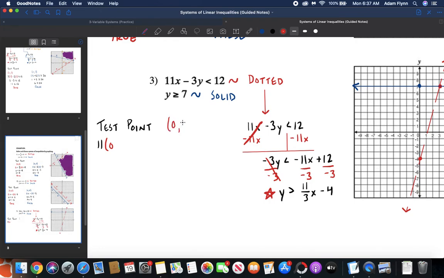So I am plugging in 0, 0. 11 times 0 minus 3 times 0 is less than 12. So if I do the math here, 11 times 0 is going to be 0. Negative 3 times 0 is also going to be 0. Is less than 12. 0 minus 0 is going to be 0. So I get 0 is less than 12, which is true.